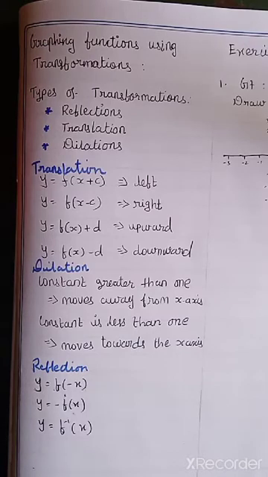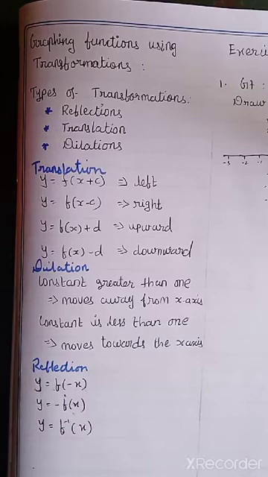Can you draw a graph quickly without plotting many points? No, because only by plotting the points can we draw it, right? But after knowing this concept, graphing functions using transformation, you will definitely be able to draw a graph without plotting many points.